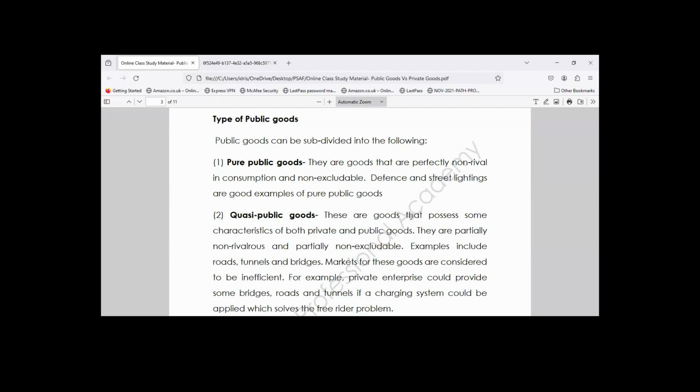It is compulsory for the Nigerian Armed Forces to protect us against kidnapping, insurgency and terrorism. It's perfectly non-rival in consumption and perfectly non-excludable.